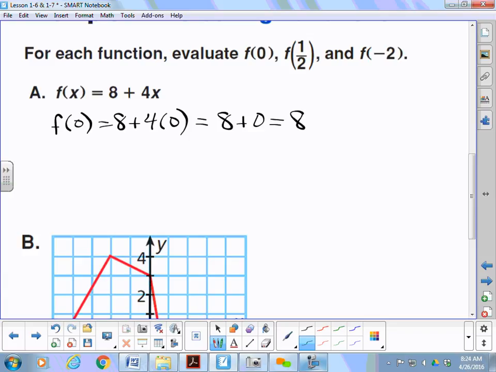We put 0 in for x, simplify that, and we get 8. To find f of 1/2, we replace x with 1/2. So we have 8 plus 4 times 1/2. Half of 4 is 2, so 8 plus 2 is 10.